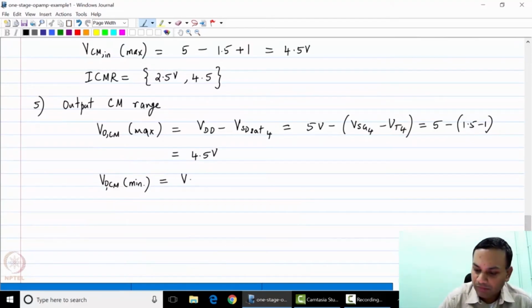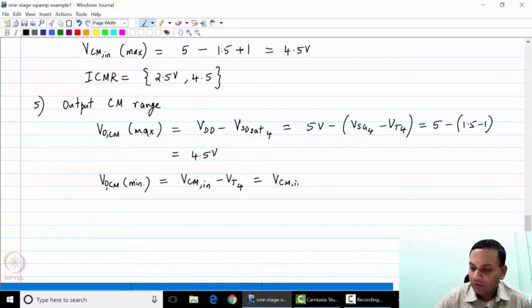So this would be VCM in minus VT4. This is VCM in minus 1 volt.